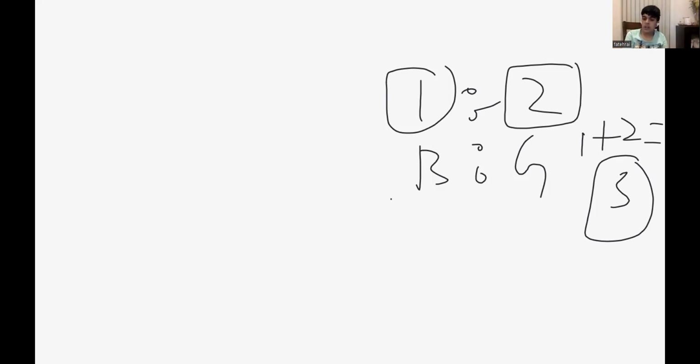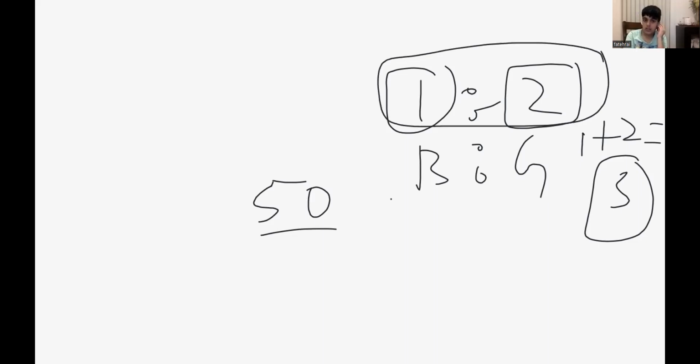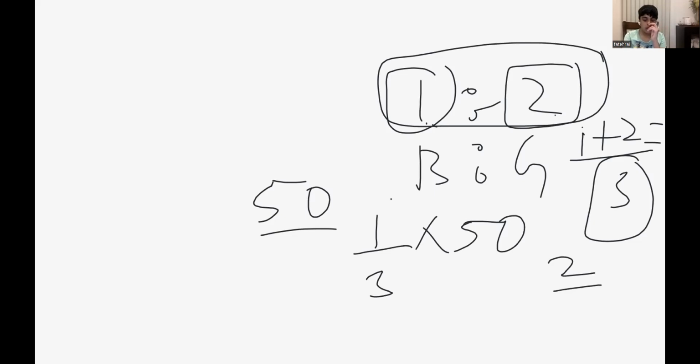Maybe the total number of students is 50, right? In the 50, I want to know the number of boys, and I'm saying boys and girls are in the ratio of 1:2. So the total composition is 1 plus 2, 3. So I will say 1/3 of 50 is boys and 2/3 of 50 is girls. This is how we can understand the numbers. But 1:2 means for every 2 girls there is a boy. So can I write that down?